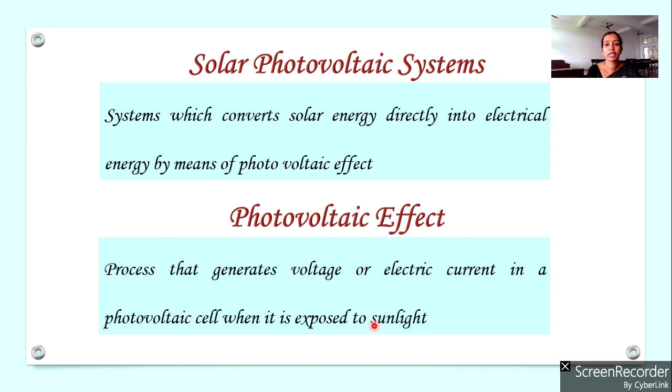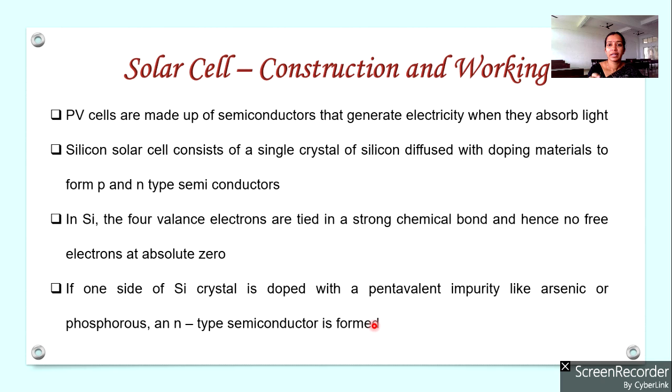This phenomenon is known as the photovoltaic effect, and the systems that use it for generating electrical energy are known as photovoltaic systems. We have already said that a solar cell is the fundamental unit of a photovoltaic system, and now let us see how a photovoltaic cell or a solar cell is constructed and how it generates electrical energy.